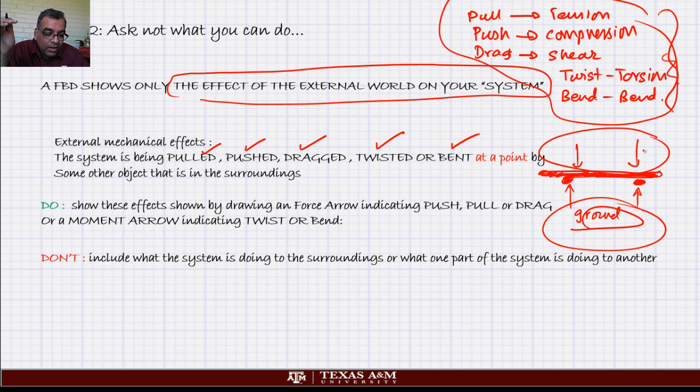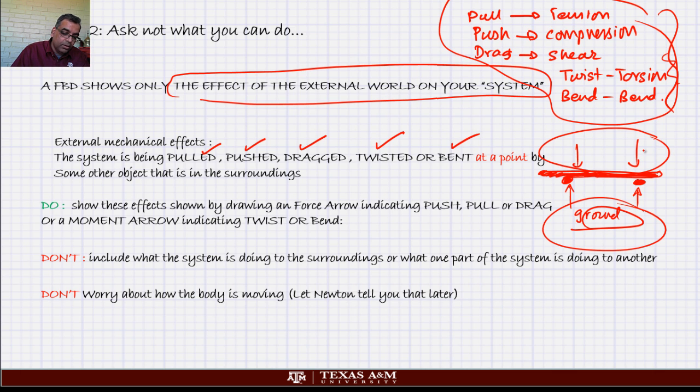So in the same way, when you draw a free body diagram, you have to see what the external world is doing to the body, not what the body is doing to the external world. We only care about what the external world is doing to the body. Okay, that's how it works. We don't care about how the body is moving. We'll let Newton tell us what's going to happen with that. We just draw the external world.